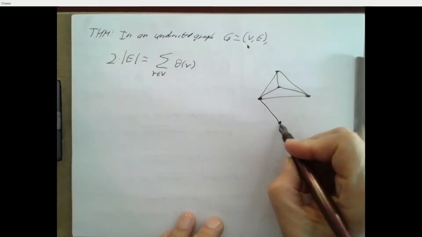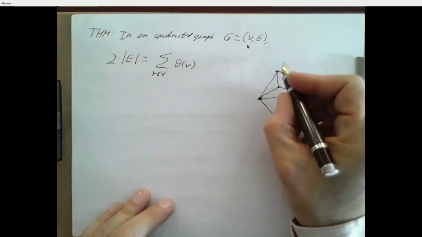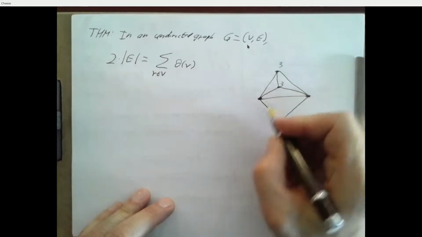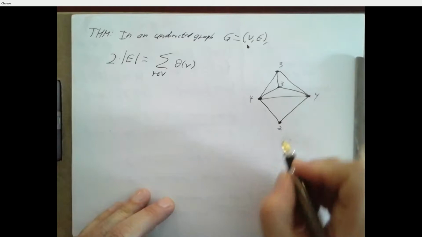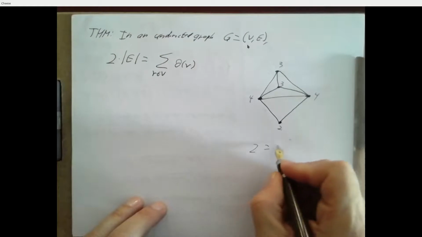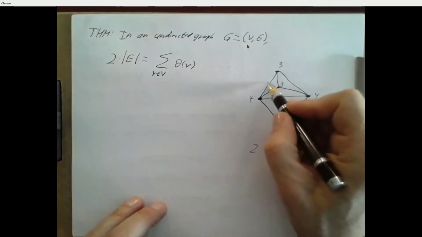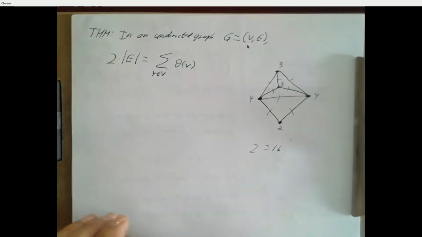Let's put another vertex down here. So let me write my degrees up here. So this is 3, 3. This now has degree 4, 4, and 2. So 4, 6, 10, 14, 16. Sum of the degrees is equal to 16, and the number of edges 1, 2, 3, 4, 5, 6, 7, 8. So this looks promising.